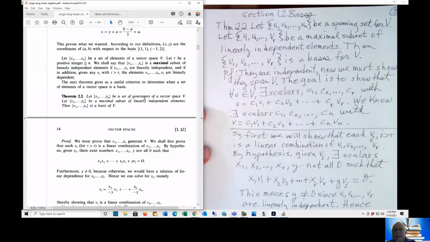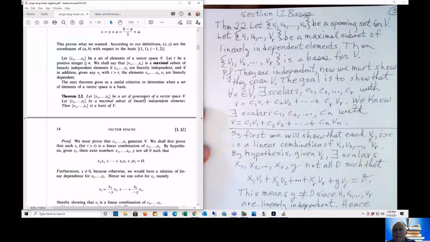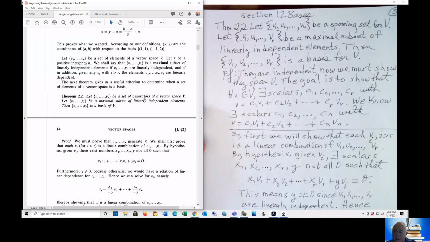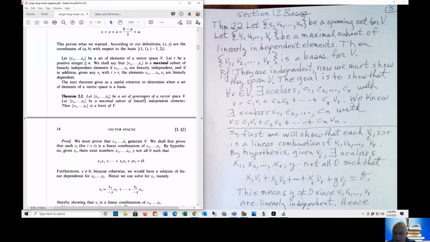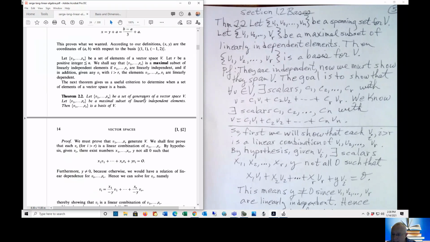Okay? Here it is, theorem 2.2. Now, here's what we have. We have our n vectors, v1 through vn, that span the vector space. And what we're doing here is called reducing a spanning set to a basis.